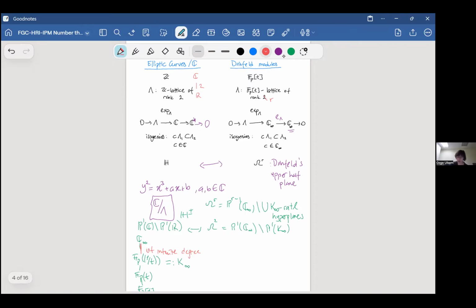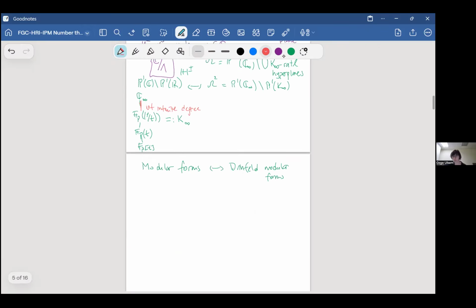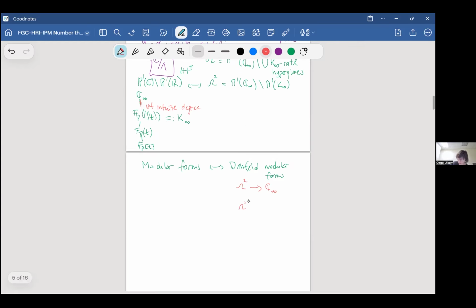So when you talk about Drinfeld modular forms, one usually considers holomorphic functions from omega 2 to C infinity, but that's not it for us, right? What about the holomorphic functions from omega R to C infinity? These are called Drinfeld modular forms of higher rank.